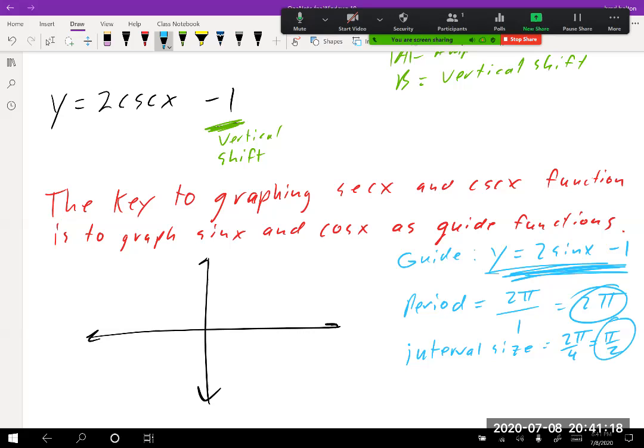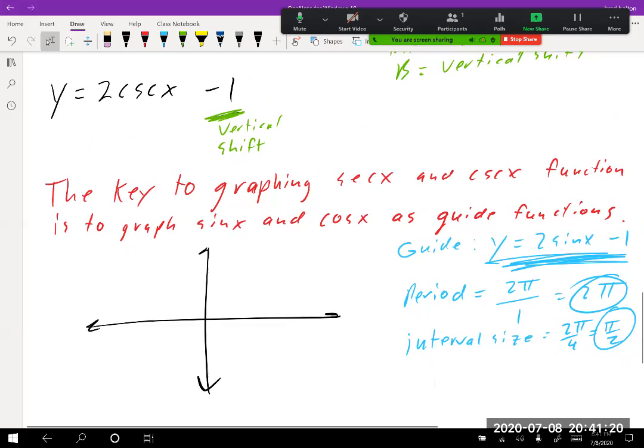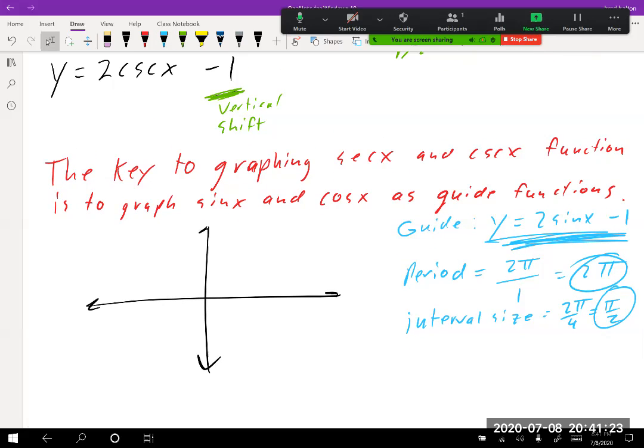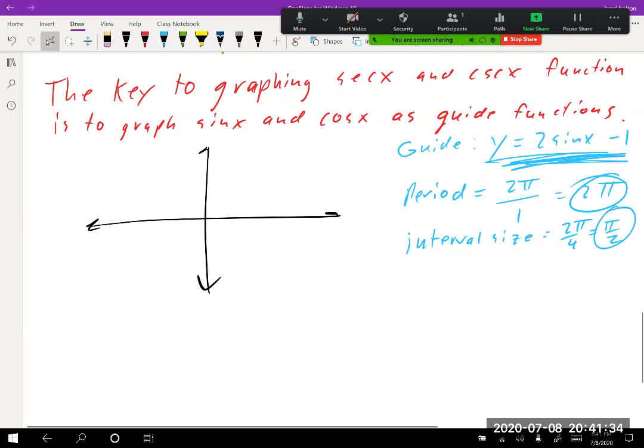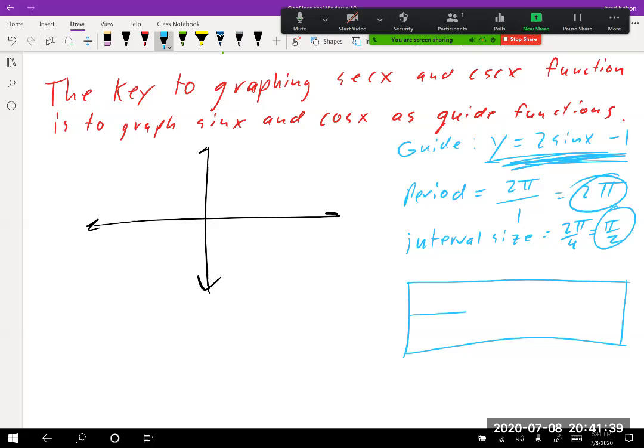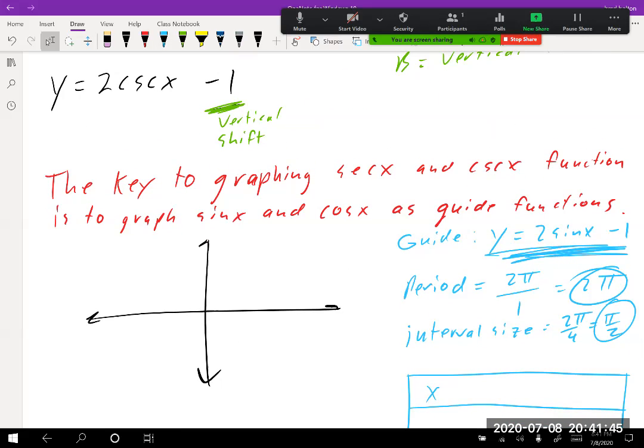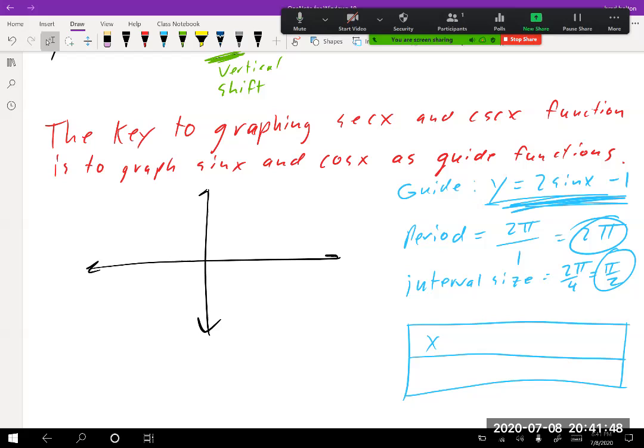Okay, so I have these. Now we know the amplitude, but amplitude isn't as important in these problems. It's not quite the same meaning. So what I'd like to do is make my 5 key x values. So we have x, and 2 sine x minus 1.